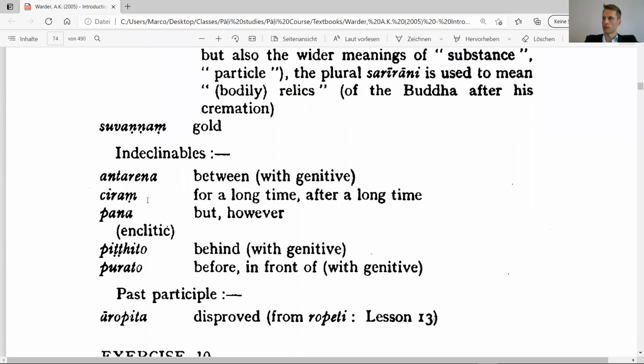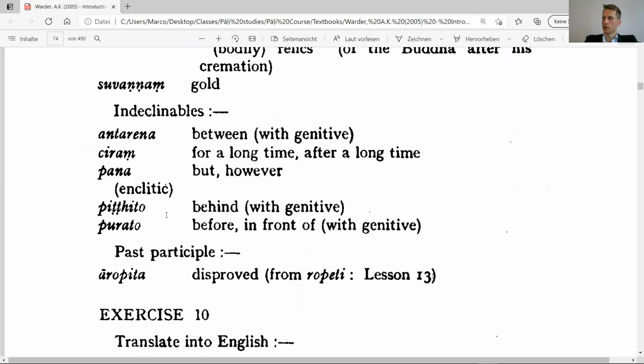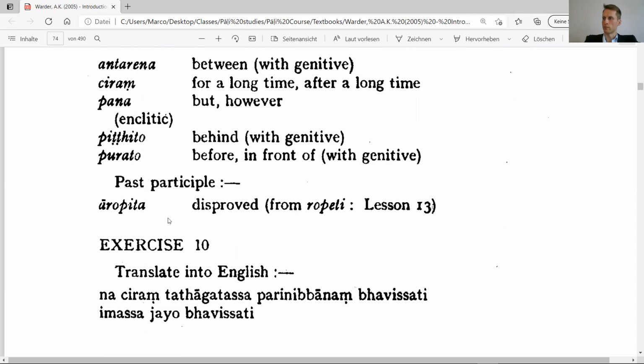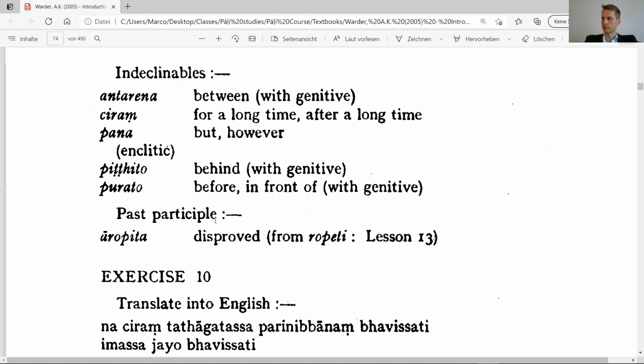And a few indeclinables: antarena, between; ciraṃ, for a long time or after a long time; pana, but, however; piṭṭhito, behind; purato, before, in front of. And one past participle, āropita, disproved.